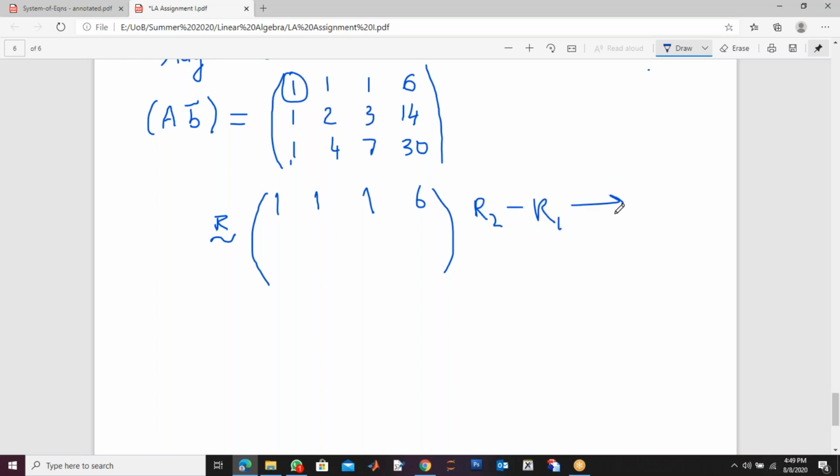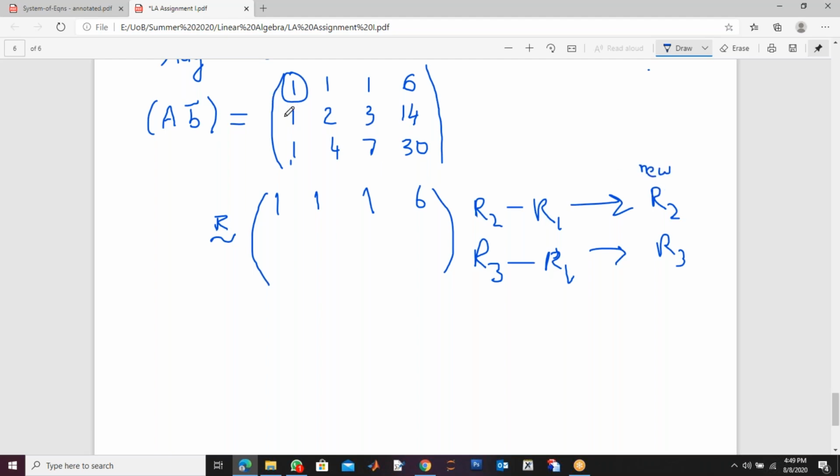This will change R2, not R1. Remember, it will change your R2 because I'm using R1 to change R2. Similarly R3 minus R1; R1 is only being used, I am not changing R1. So R2 and R3 will be your new rows.